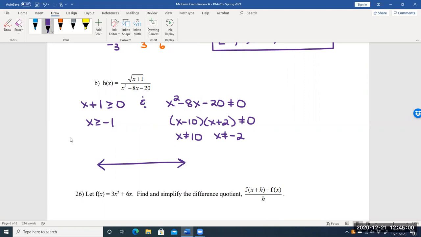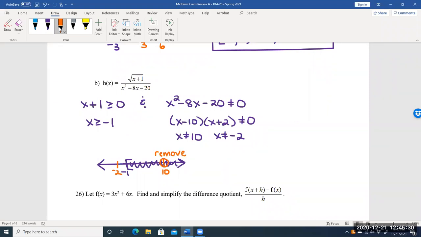All right, so here's -1, and we want x to be greater than or equal to -1. That is our first restriction on the domain. Then -2 and 10 need to be removed, but -2 is not in that interval.